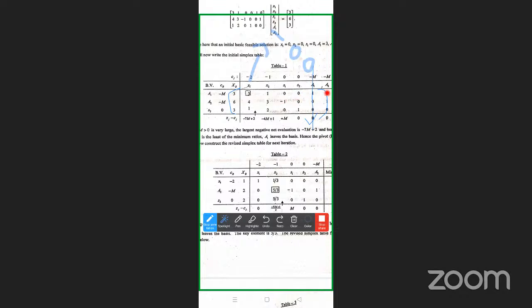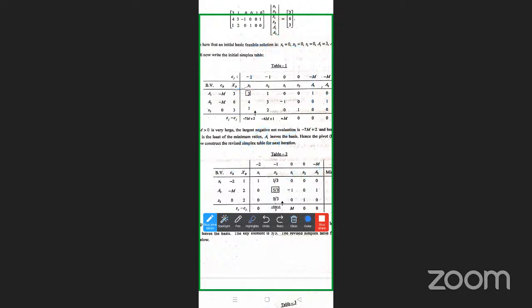Next, R2 tends to R2 minus 4 into R1. Here 1 is there, in the second row 4 is there, so the first row is multiplied by 4 and subtracted from the second row. So we are getting 0 here. Next, R3: here 1 is there, here also 1 is there, so 1 minus 1, 0.